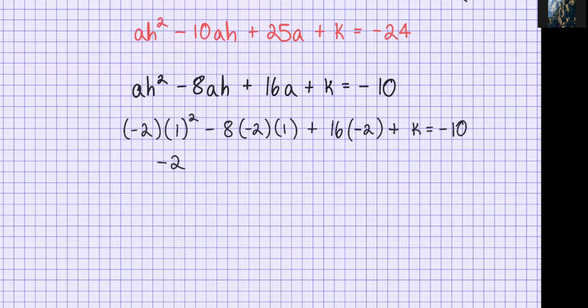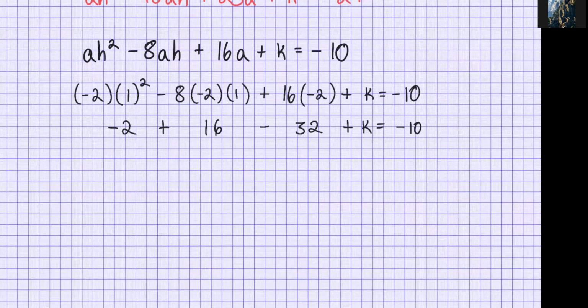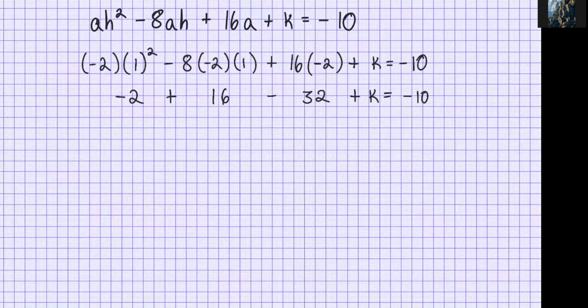So this becomes negative 2 plus 16 minus 32 plus k equals negative 10. So now I'll just do it in one operation. The negative 2 will go to the other side adding, 16 will go subtracting, and the 32 will go adding. It's very straightforward in here.